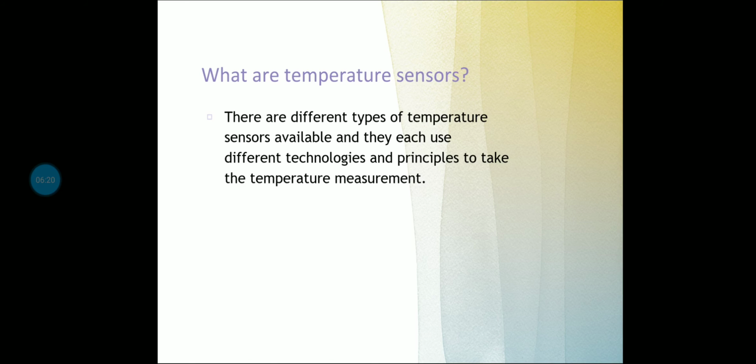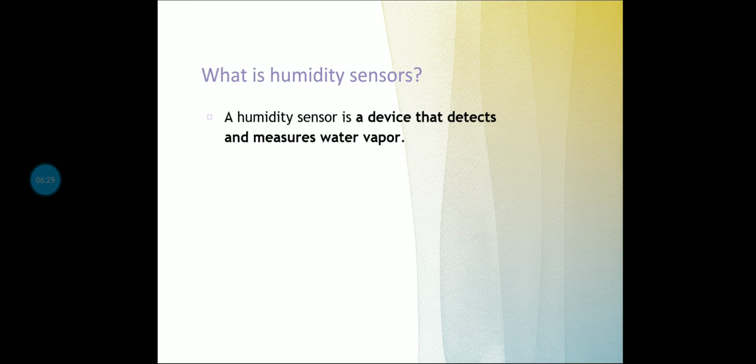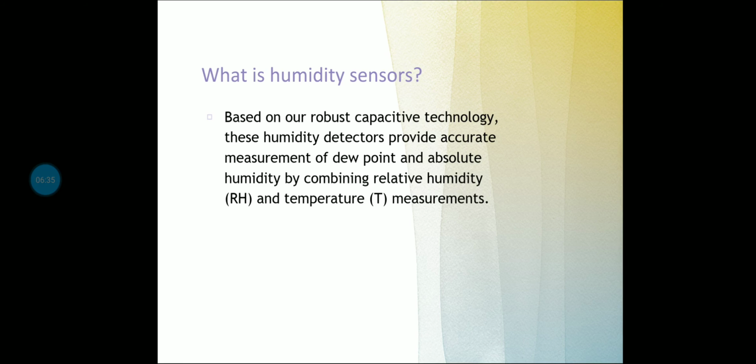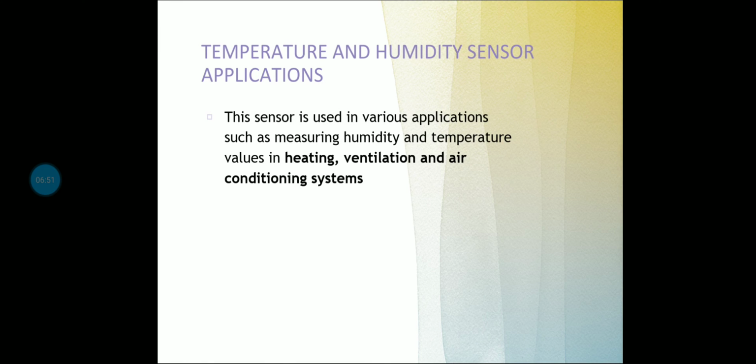These sensors are of different types, each using a different technological principle to take temperature measurements. A humidity sensor is a device that detects water vapor. Based on robust capacitive technology, these humidity detectors provide accurate measurement of dew point and absolute humidity by combining relative humidity, RH, and temperature, T, measurement.